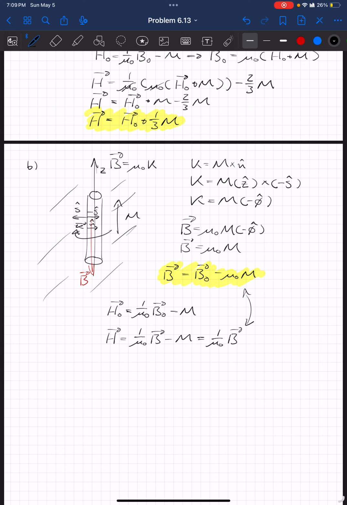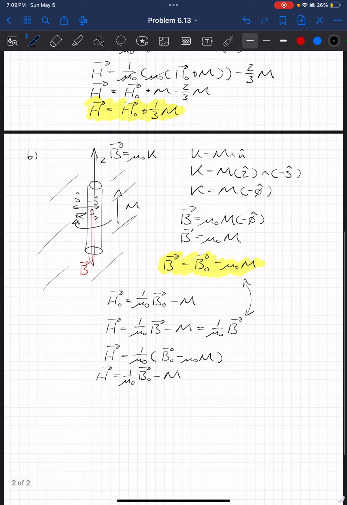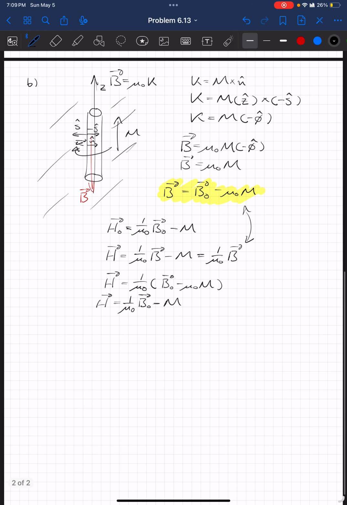So plugging this in, we get our new H, which is equal to 1 over mu naught times B naught minus mu naught M, which when you multiply the 1 over mu naught into the parentheses, you get that H is equal to 1 over mu naught B naught minus M. Which, if you realize, is equal to our original given formula for H naught.